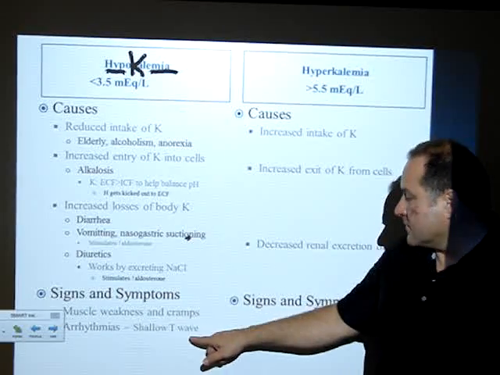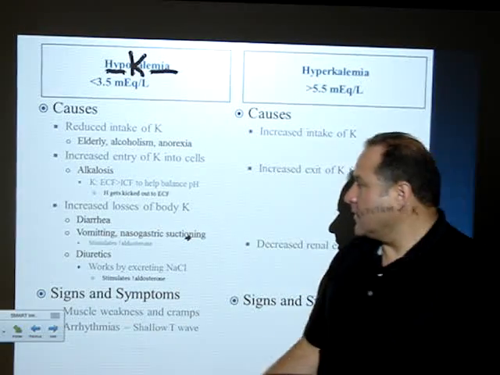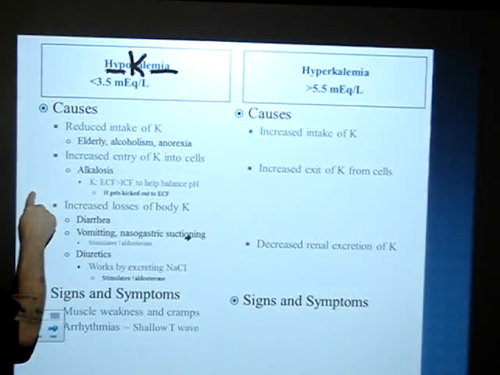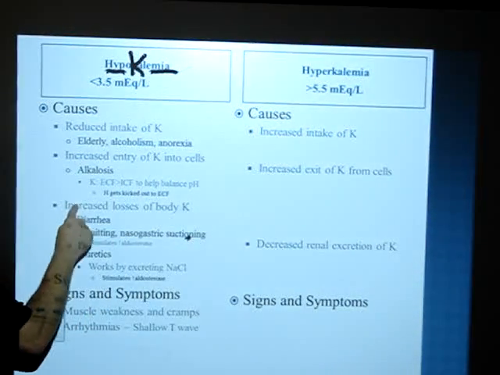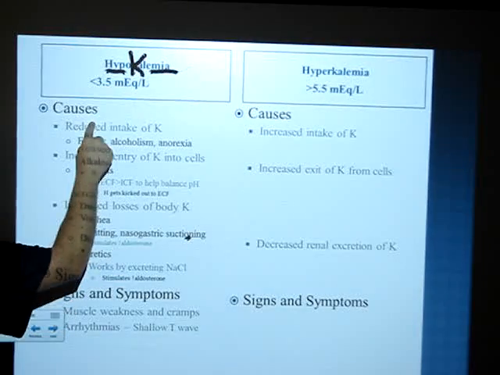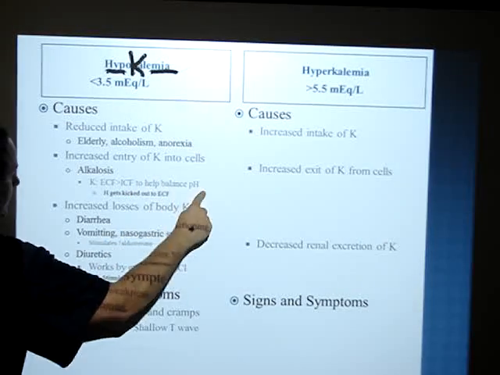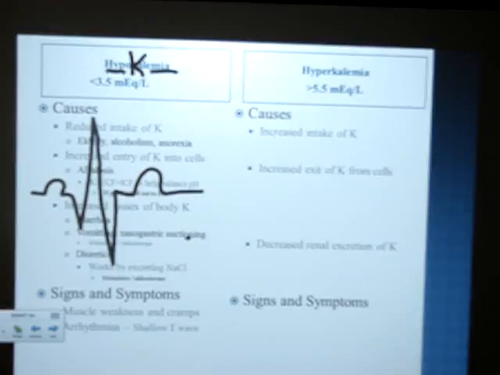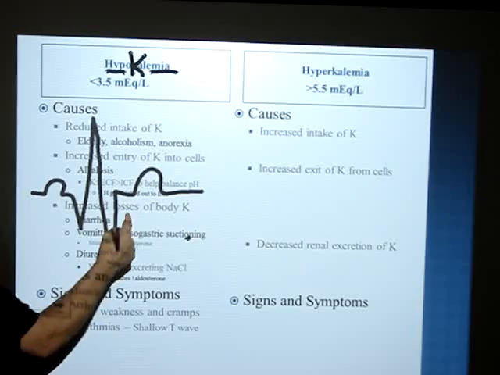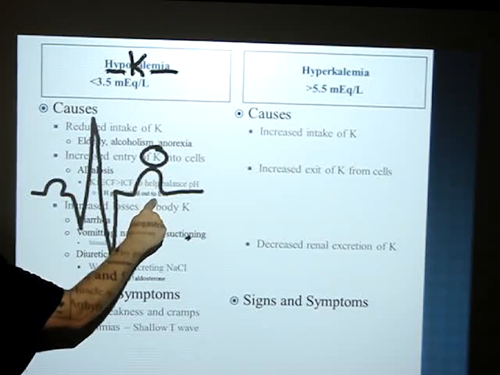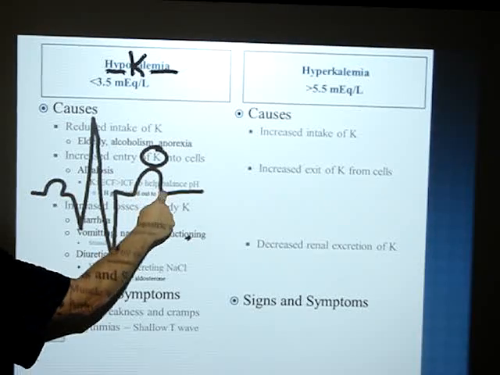Your arrhythmias, or shallow T wave, okay, when you're looking at the EKG, EKG is what? You got a P, Q, R, S, and T wave. None of that group, there it is. Wow, that took a while. Okay, this part is your potassium right here on that T wave. So if you don't have enough, you're just going to get a shallow T wave. Right?